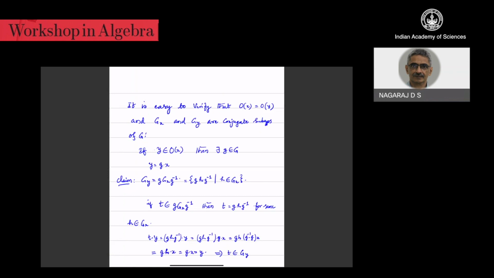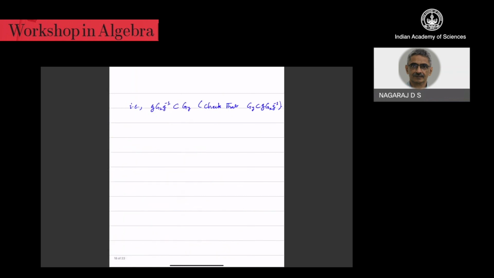So for example, let G be a group, then we can define an action.